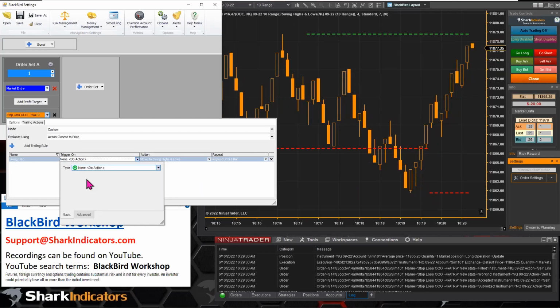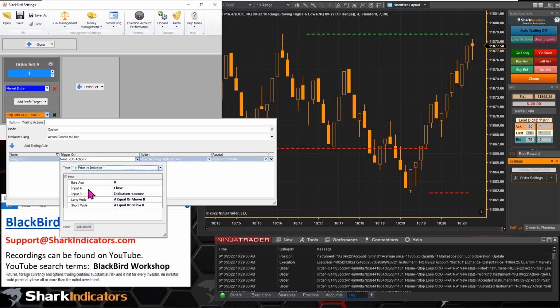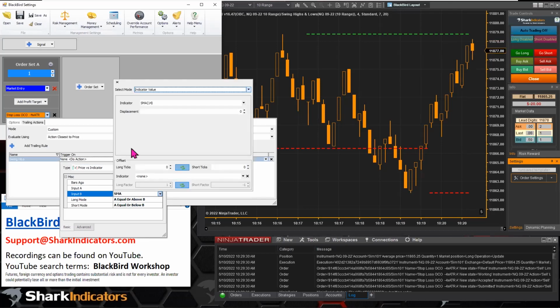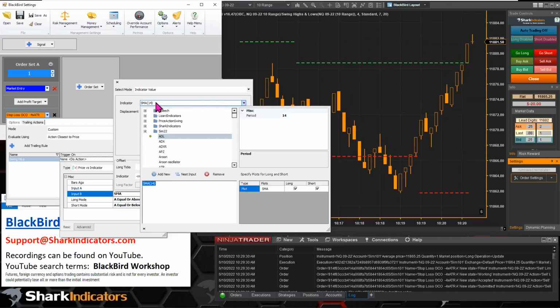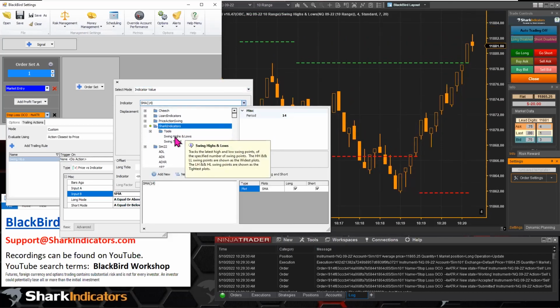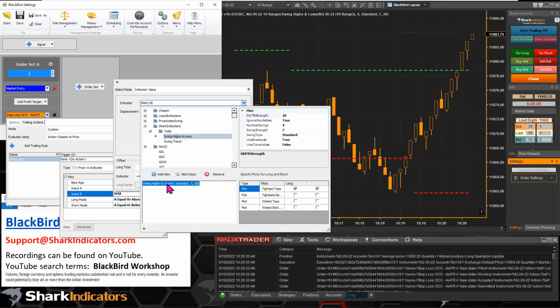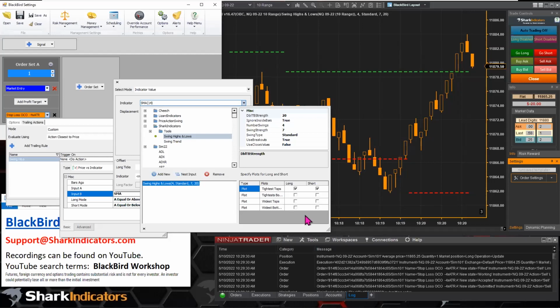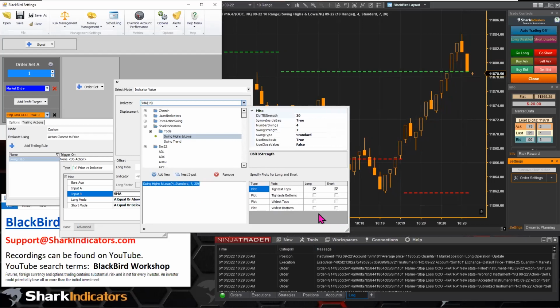I'm going to use a price versus indicator trigger here. Let's make sure that the closing price of the bar is above the swing indicator. I'm now using the swing indicator twice, so this might double the chances of this error occurring with NinjaTrader 26, but this would be the right way to do it.